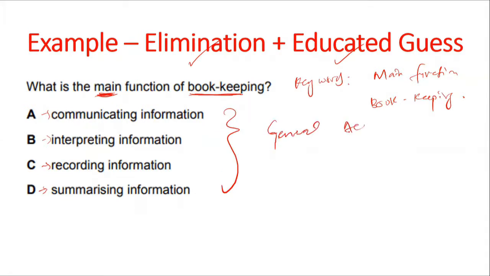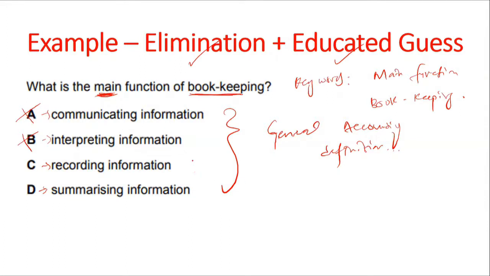This is a general accounting definition actually. If you read an accounting definition, you would see these words used in it, but this is not what the question is asking you. The question is asking about the main function of bookkeeping. So the first two options, you can actually eliminate because they're not really the main function of a bookkeeper. A bookkeeper is not responsible for communicating or interpreting the information. That's not the bookkeeper's main job.